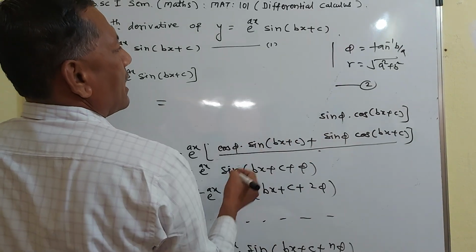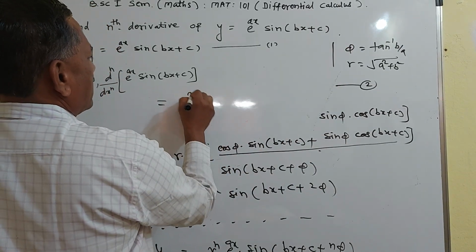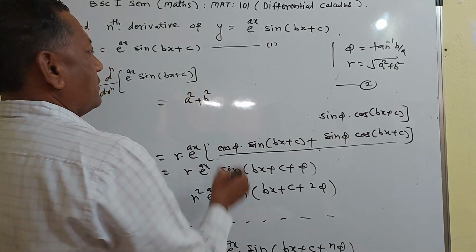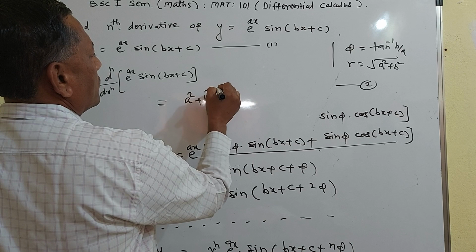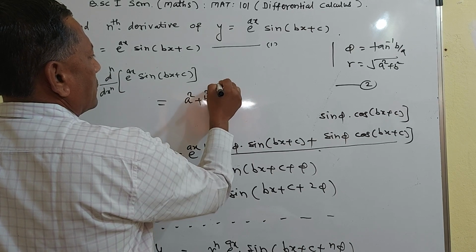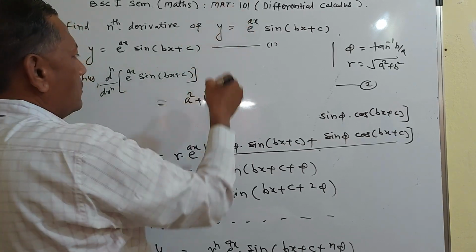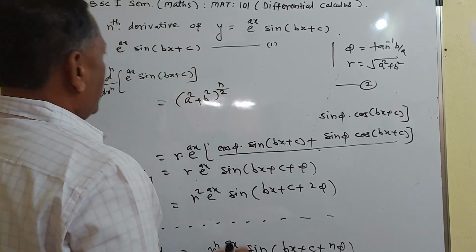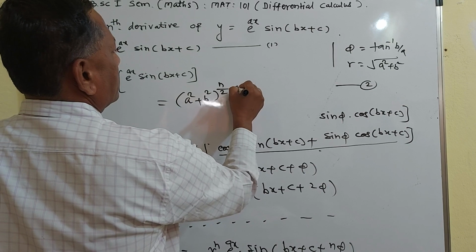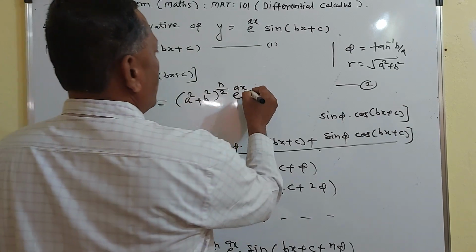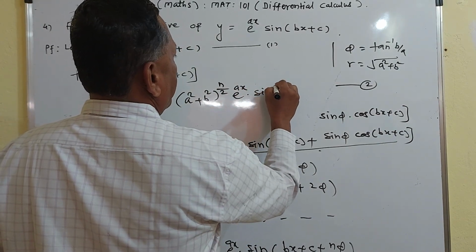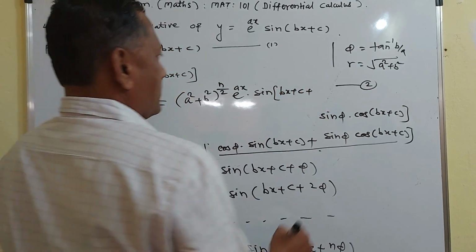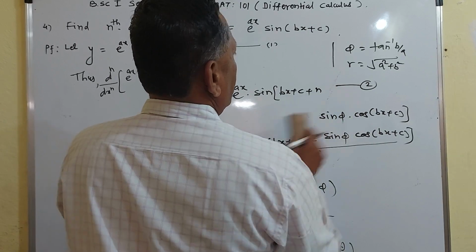R means root of a square plus b square, which is raised to 1 by 2, so raised to n it is n by 2, into e raised to ax into sine of bx plus c plus n into phi.